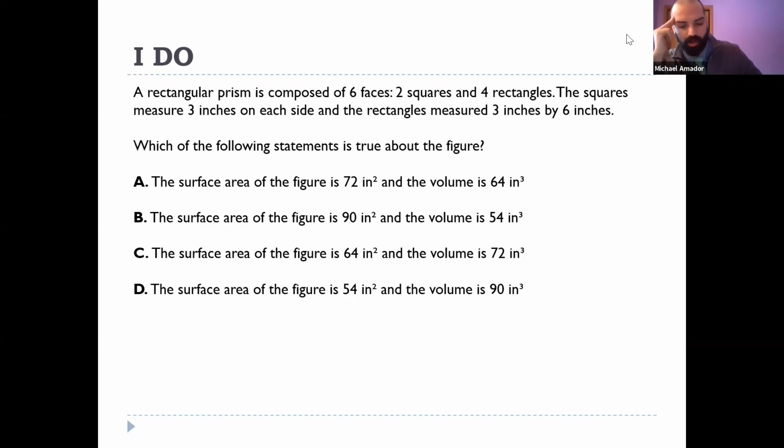As I read this problem, I noticed that it is asking me to find which statement is true. It also tells me the different dimensions of this figure. It tells me that it's a rectangular prism, and it tells me the dimensions of the faces of that prism.